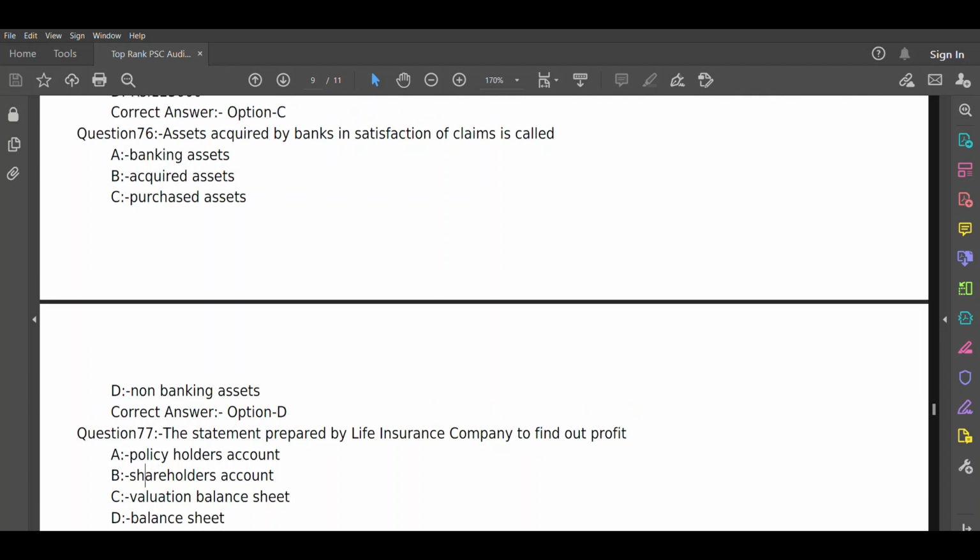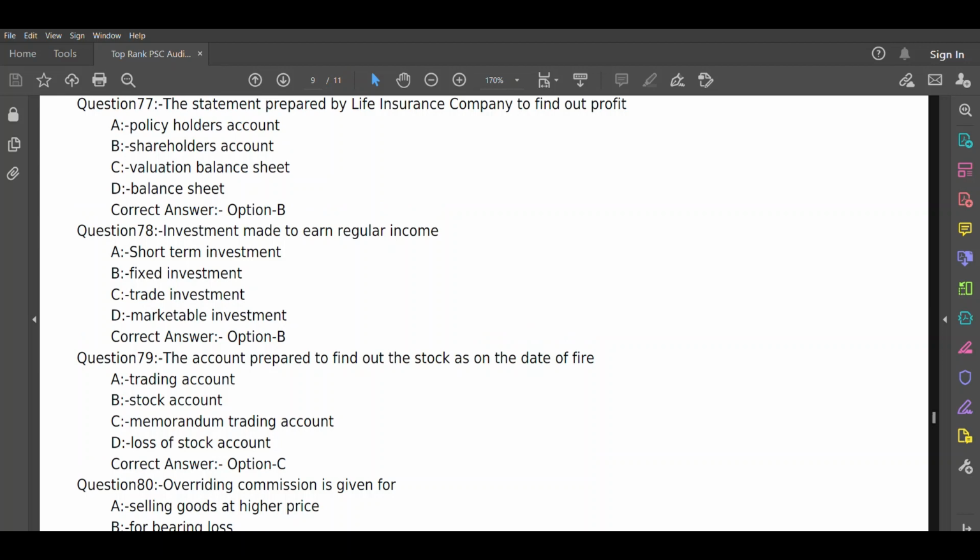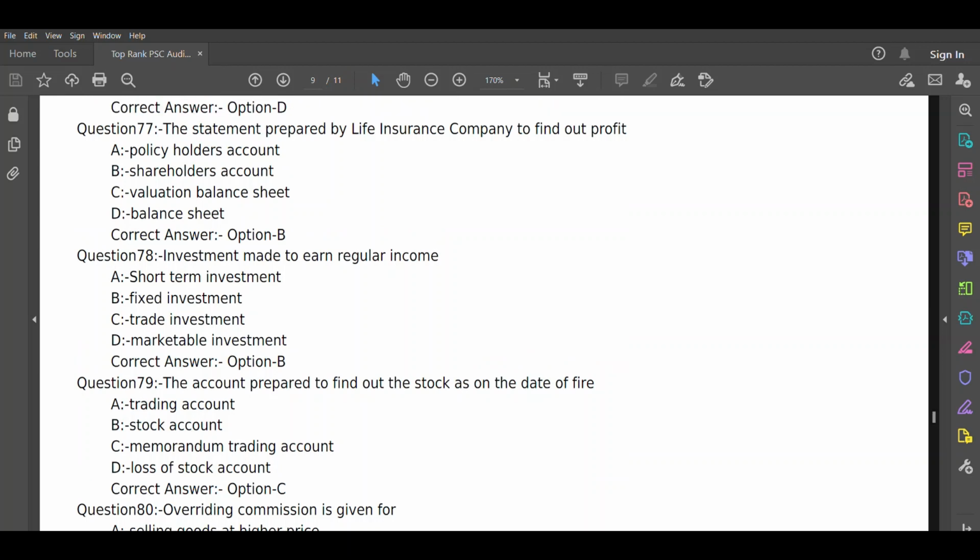Assets acquired by banks in satisfaction of claims is called non-banking assets. The statement prepared by life insurance company to find out profit. Shareholders account.